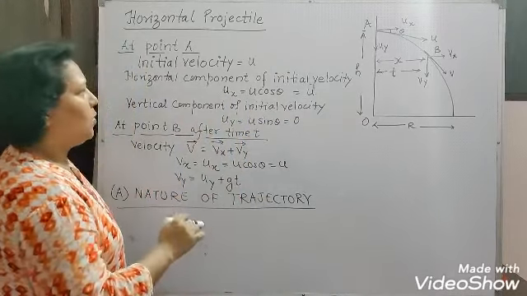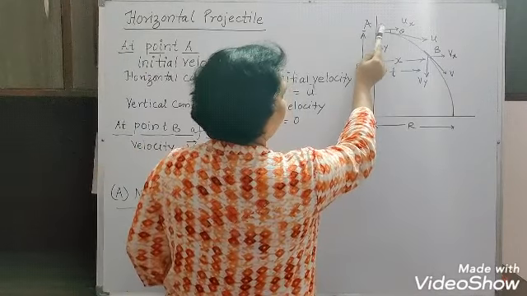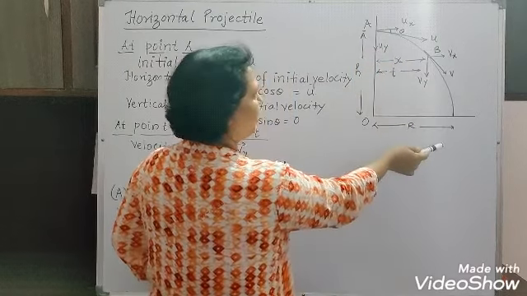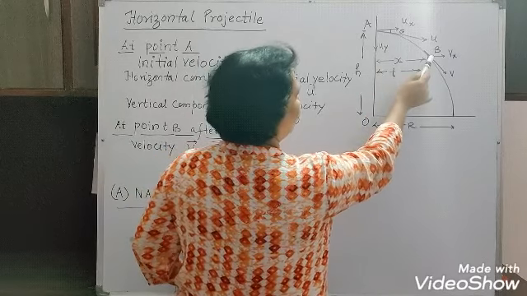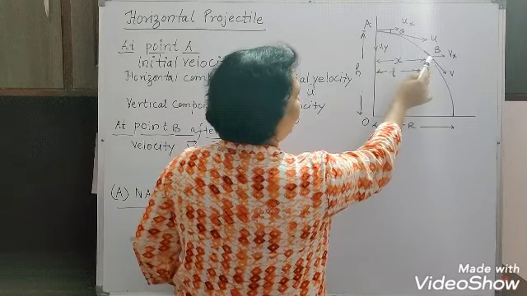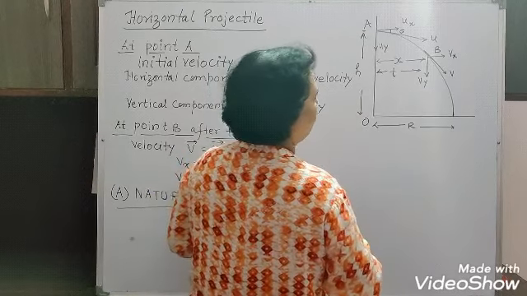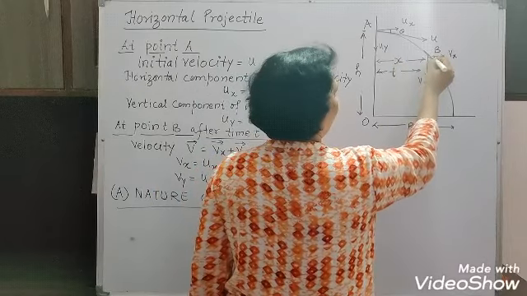Now, after some time t, the object which is traveling in this path, doing the projectile motion, reaches the point B. At point B, the velocity is v, which is again resolved into two components, Vx the horizontal component and Vy the vertical component. Here it makes an angle beta with the horizontal.